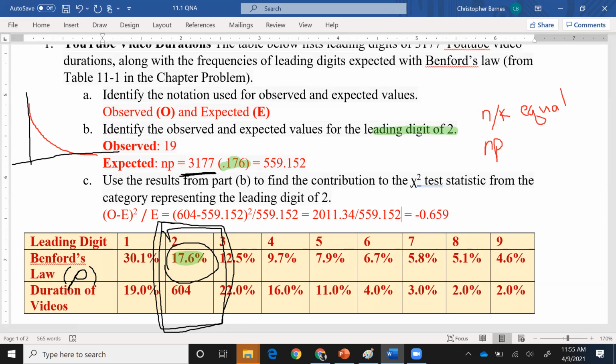All right. And then that math, 2011.34 divided by 559.152 is a value of 3.59. It might as well be 3.60. All right, so this math will be correct, what's right here.